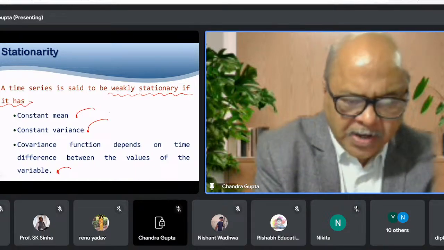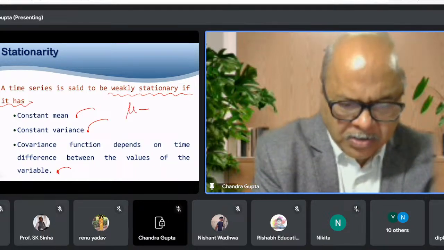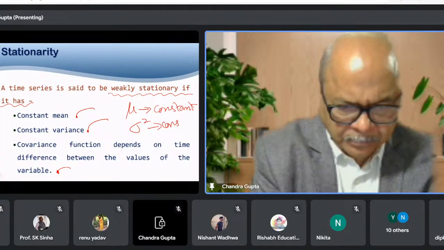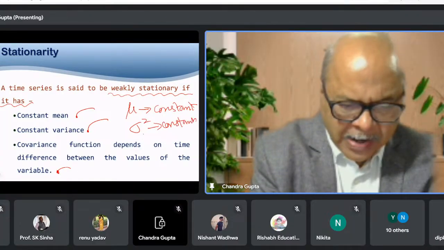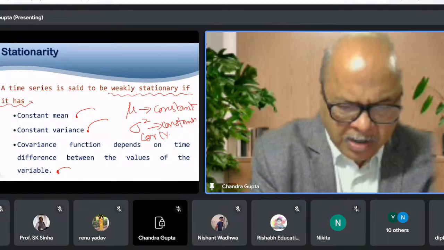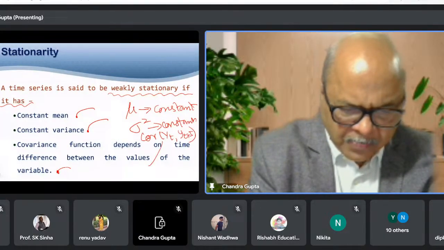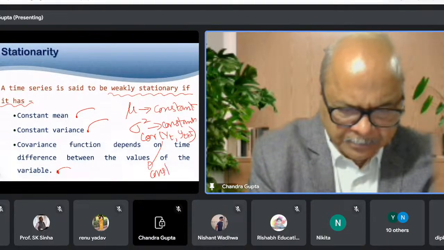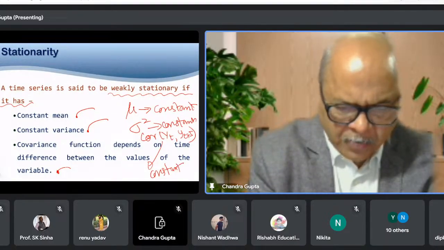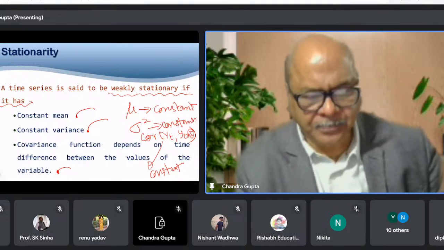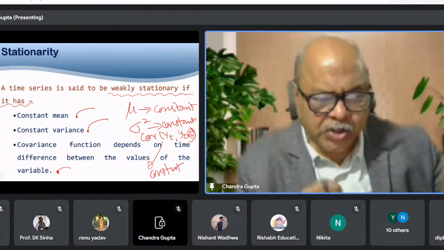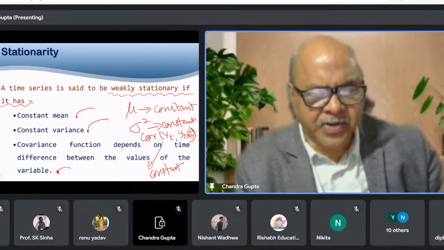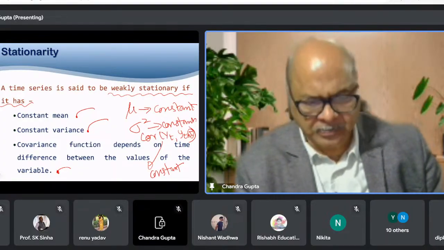So basically what we are saying, mean constant, variance constant, and if I'm calculating covariance between yt and yt plus 5, it will always be a constant number if I take a lag of 5. So when a series shows these characteristics, then we say that series is a stationary series.